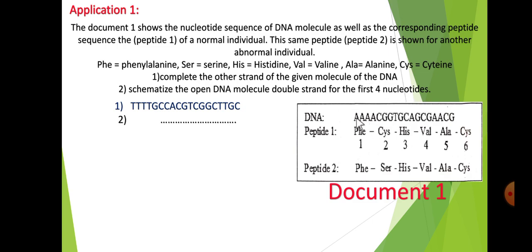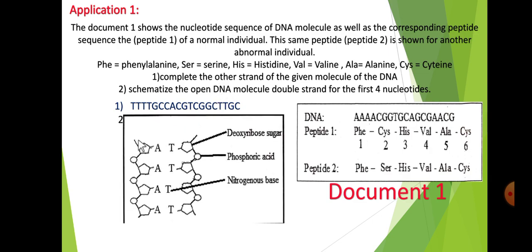So we have to take the first 4 nucleotides and schematize the open DNA molecule. In this way, we know we put phosphate, sugar, and without drawing the whole figure, we just put S for sugar and A: phosphate, sugar, A; phosphate, sugar, A; phosphate, sugar, A. We took the first 4 nucleotides because the question says the first 4 nucleotides, and we made the complementary strand. Of course we know this drawing, and it is not necessary to label it, because we know this is the nitrogenous base, this is the deoxyribose sugar, and here we have the phosphate.